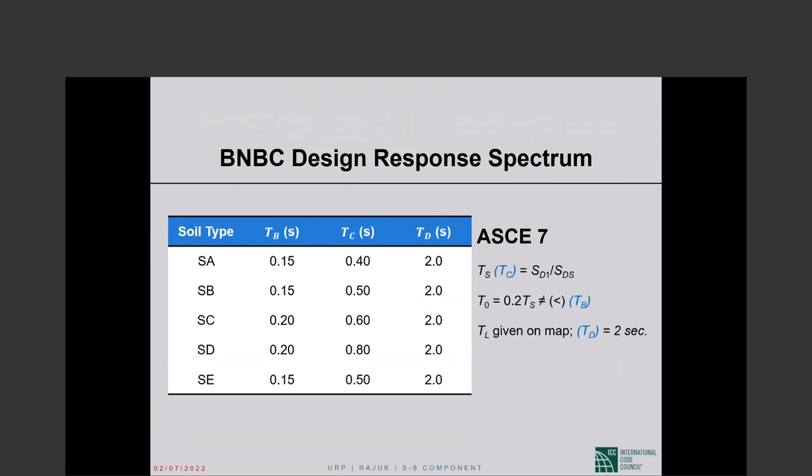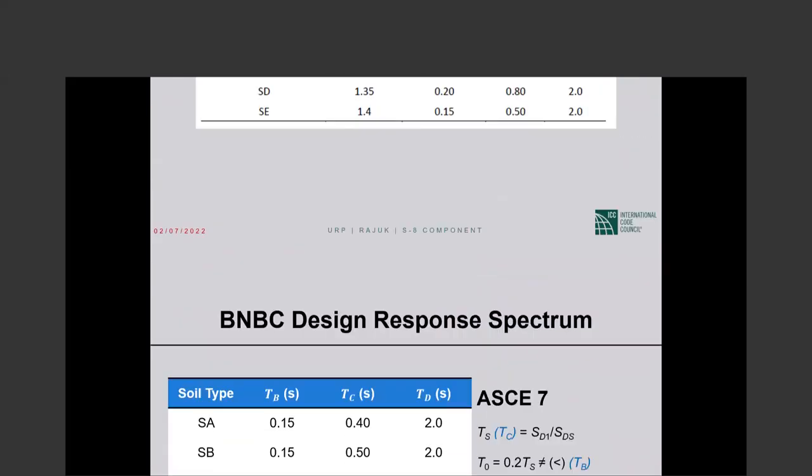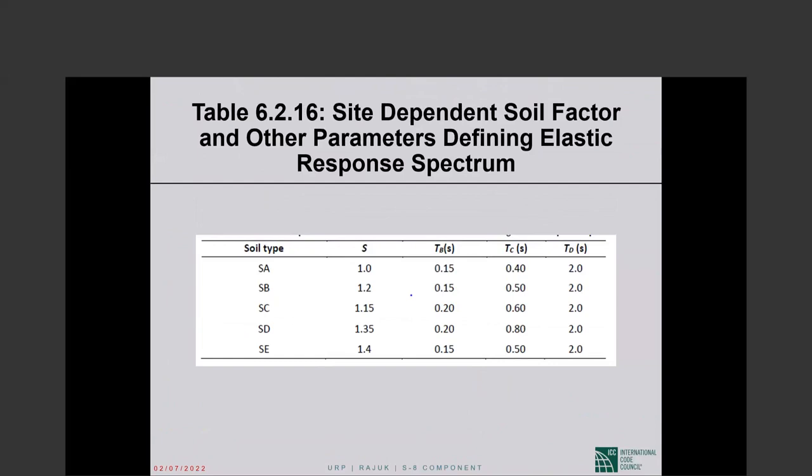So I don't know that this table adds a whole lot to what we have discussed. I'm again making the point that this table is the same as that part.